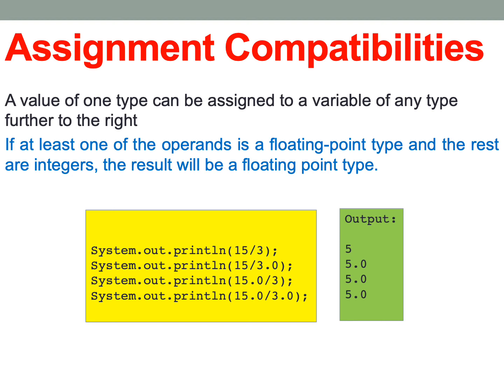Double has a larger storage and covers larger range than int. It also has precision. So the result will be of type double. That is why the output is 5.0. Similarly, it is the same for 15.0 divided by 3.0, and also if we do 15.0 divided by 3.